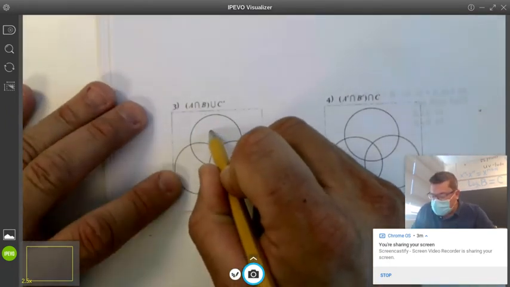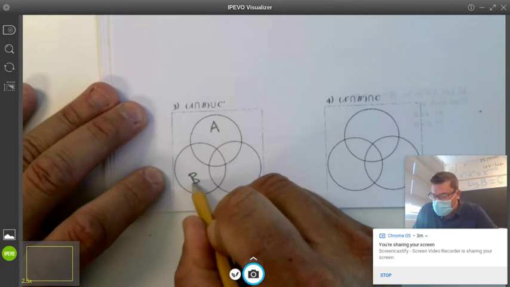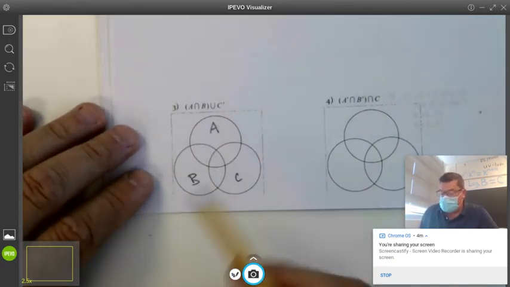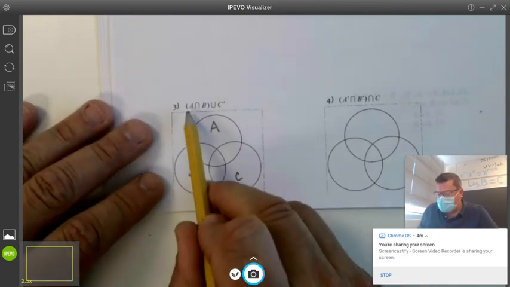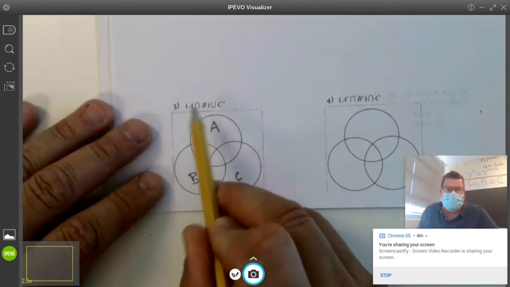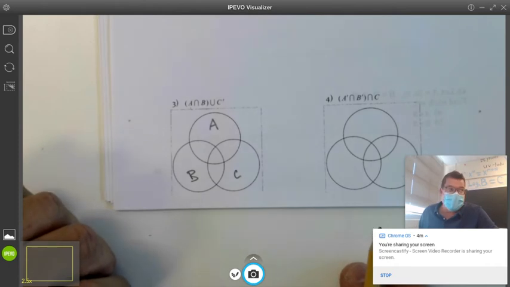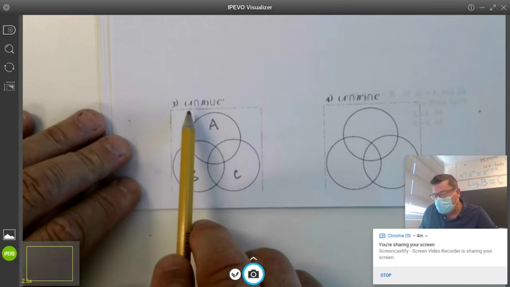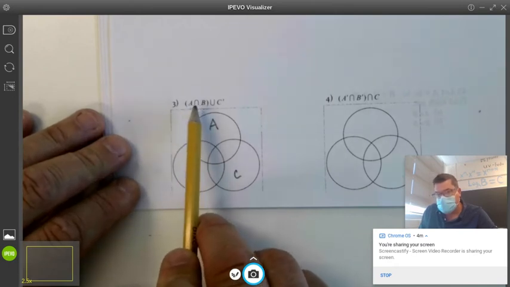A, B, and C. Oh, there's three this time. It doesn't matter where you put your A, B, and C, just as long as you are consistent about these problems. Shade the intersection of A and B. Now that I've done two problems, can you visualize where just the overlappage of A and B is?